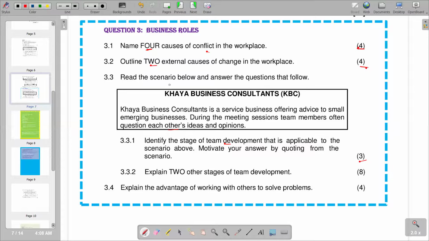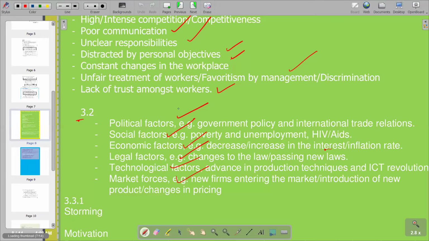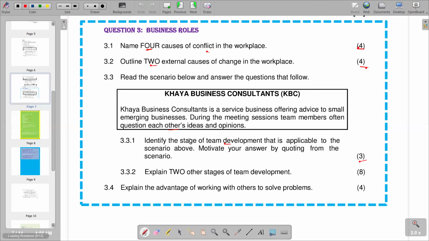So if you go to our answer section, you'll see that we have storming being highlighted there as our stage of team development. Going back, the question is now asking, motivate your answer. By motivating, we are justifying why we chose storming as a team development stage.